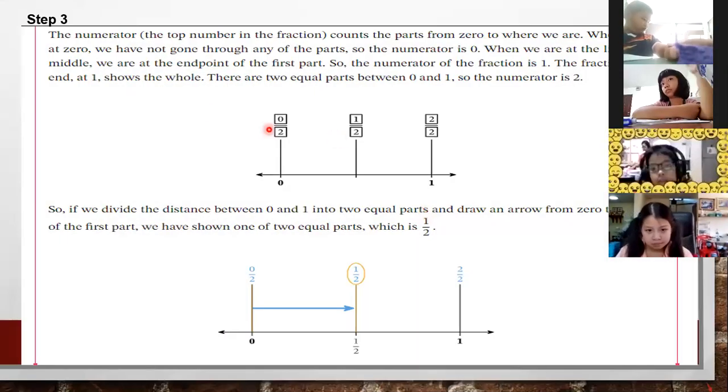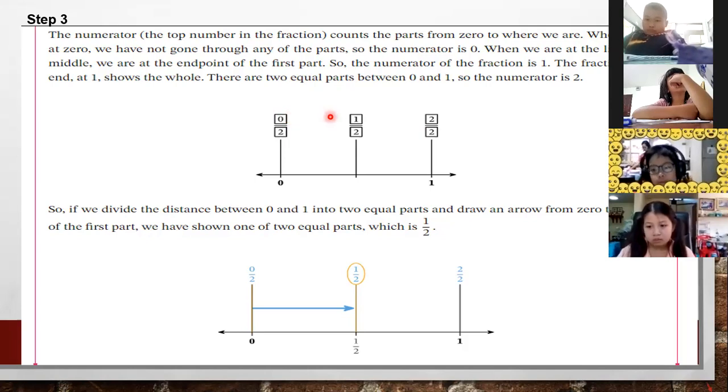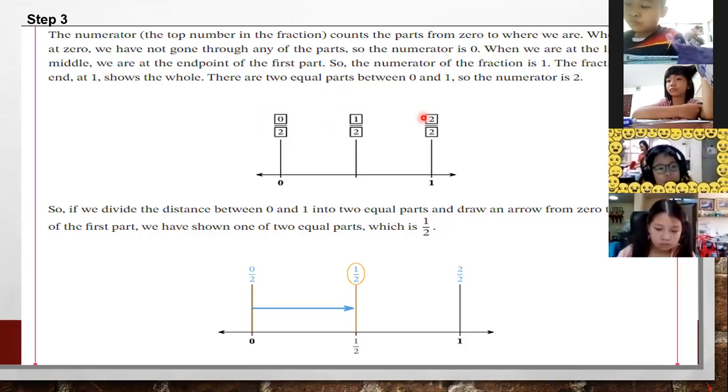The numerator is on the top of the fraction: 0, 1, and 2. It counts the parts from 0 to where we are. When we are on 0, we have not gone through any of the parts, so the numerator is 0.